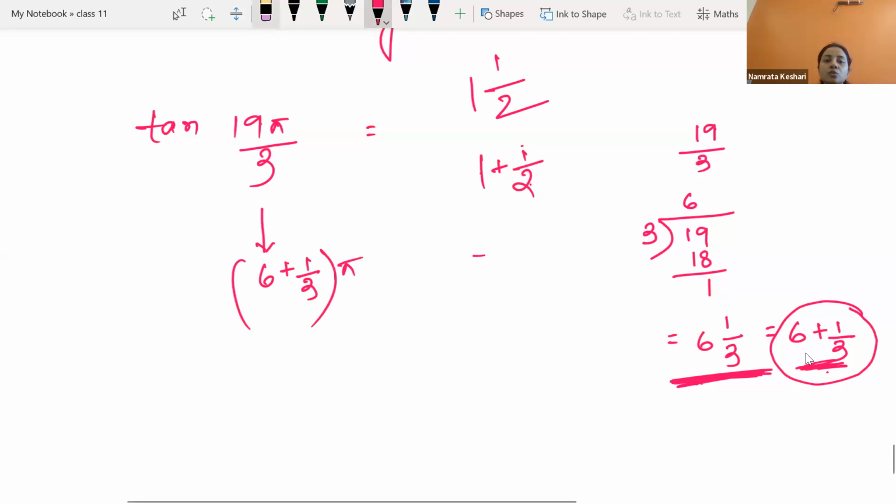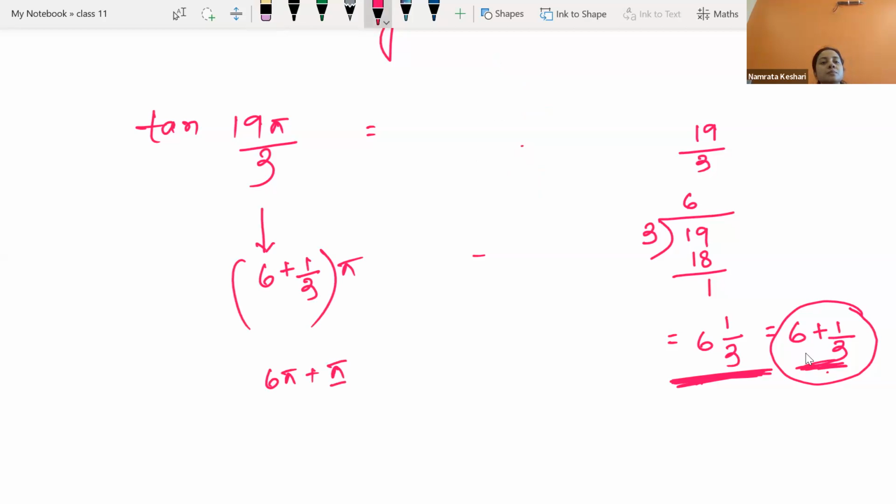Okay, so this can be written as 6 pi plus pi by 3. Any confusion? No, ma'am. Now again, let's use the same logic. In radian, this time we will be talking about the angle in radian.